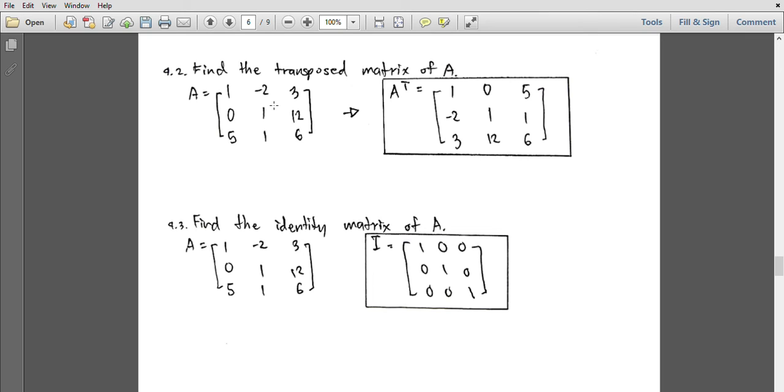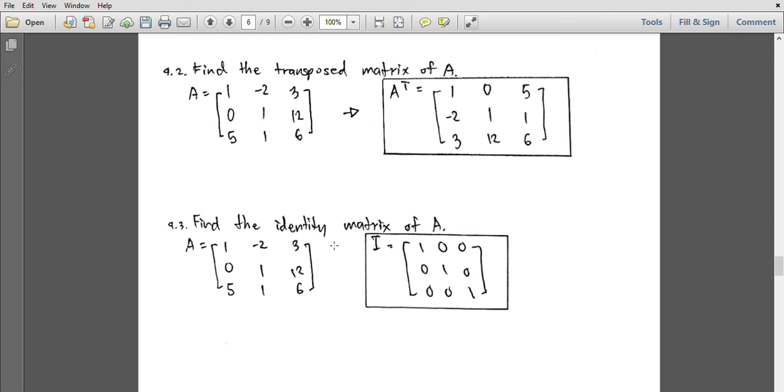Then the negative 2 1 1 column will become the negative 2 1 1 row. And the 3 1 2 6 column will be the 3 1 2 6 row. And this is the transpose matrix of A.